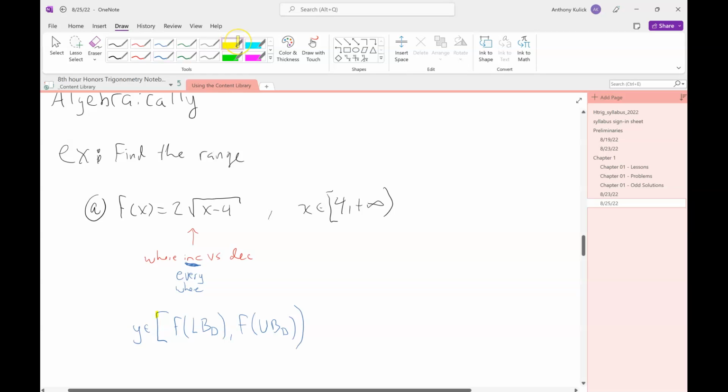And the brackets and parentheses are the same as from the domain, right? Since I'm using the lower bound of the domain, I'm going to use the same symbol from the lower bound of the domain. When I'm using the upper bound of the domain, I'm going to use the same symbol from the upper bound of the domain. Is everybody okay with that?